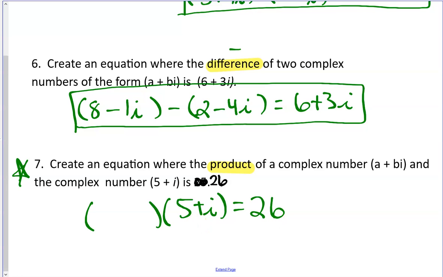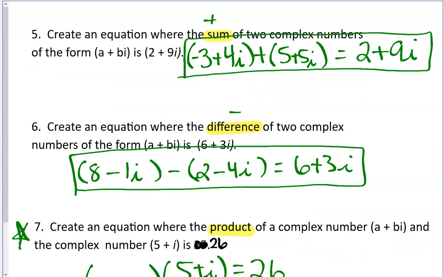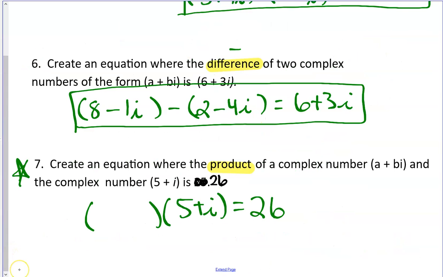Well, we just kind of figured out it needs to be the conjugate. So the conjugate's going to be the exact same complex number, but with the opposite sign in the middle. So instead of 5 plus i, the missing complex number is the conjugate 5 minus i. And we can always test it. 5 times 5 is 25. 5 times i is 5i.